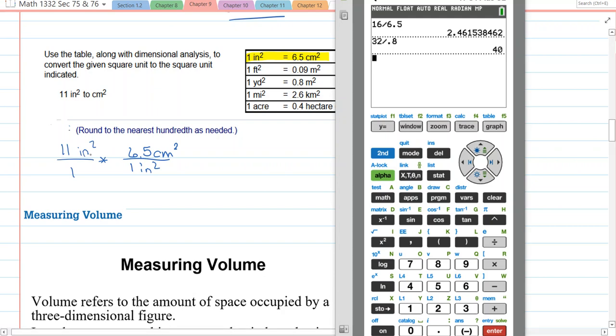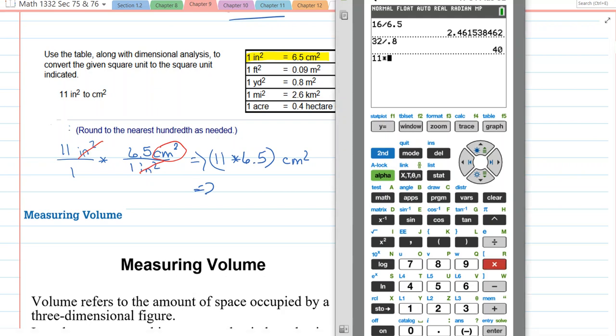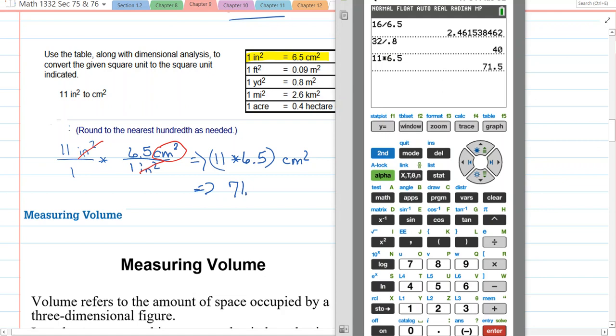So in this case, my inches squared cancel, and I end up with centimeters squared. Again, the area connection. So that's going to give me 11 times the 6.5 centimeters squared. I'm going to enter that in my calculator, and I have 71.5 centimeters squared.